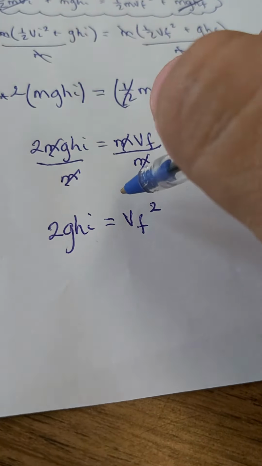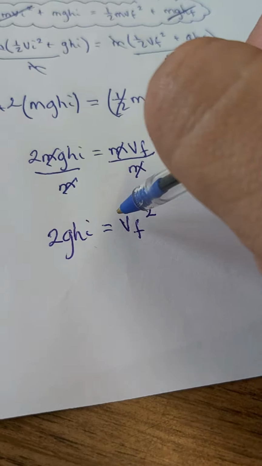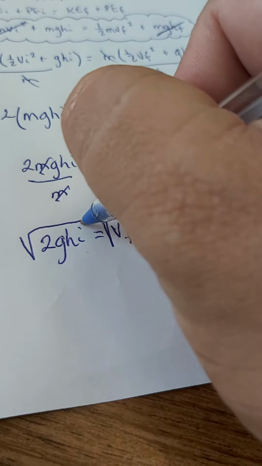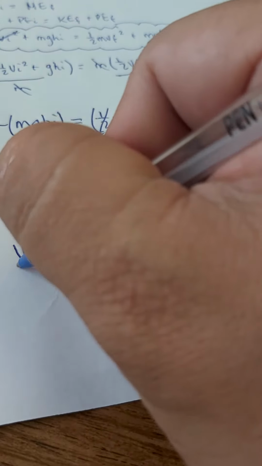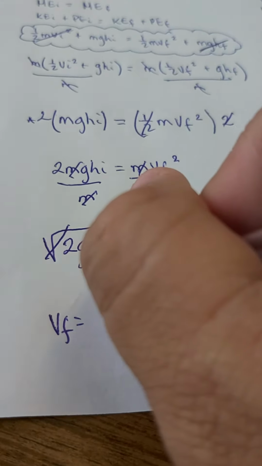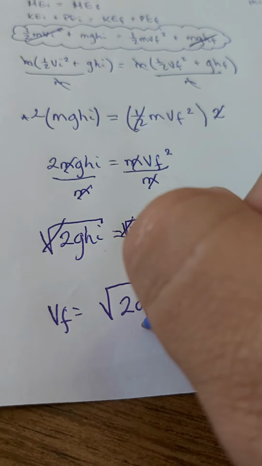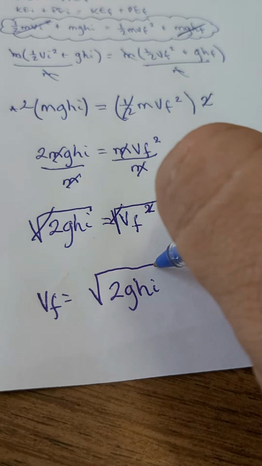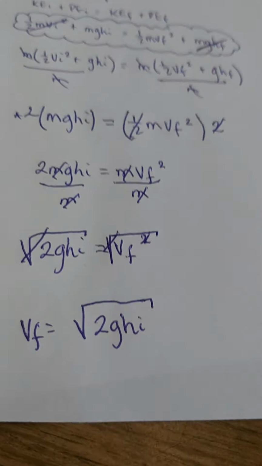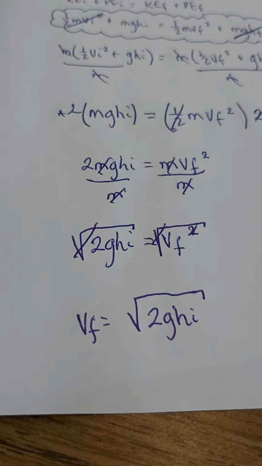We don't want final velocity squared. We want final velocity. So we have to take the square root on both sides of the equation. So we get that final velocity equals the square root of 2 times gravity times initial height. Now let's substitute.